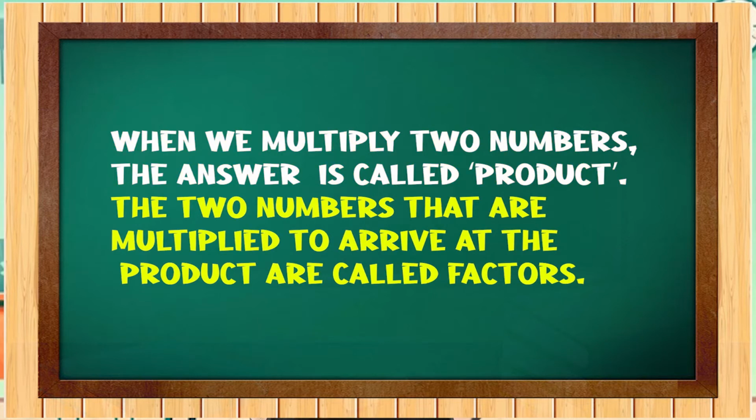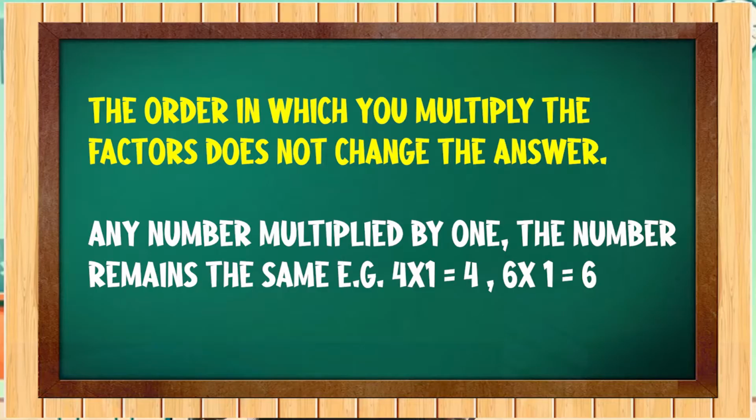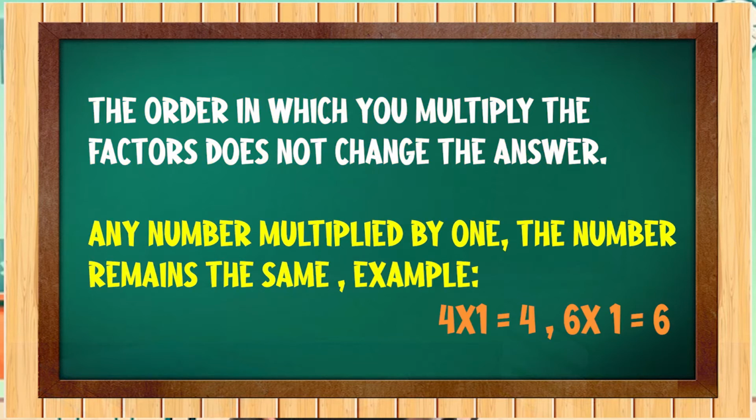The two numbers that are multiplied to arrive at the product are called factors. Now, in multiplication, it does not matter what order you place the factors in to multiply them, the answer never changes. Any number multiplied by 1, the number remains the same.